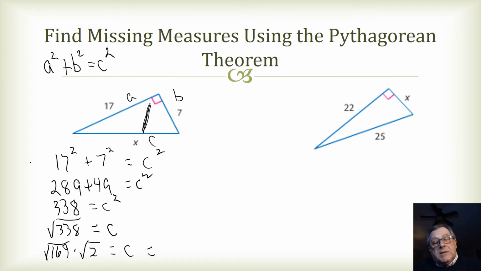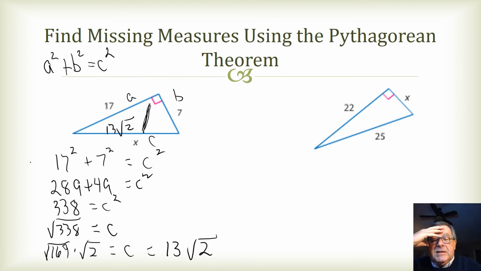All right, and so this then is 13 times the square root of 2, simplifying that square root of 338. So this side length here, c, then is 13 square root of 2.